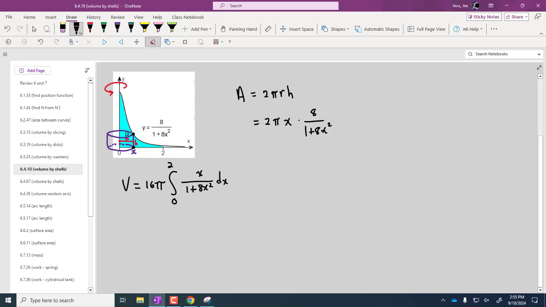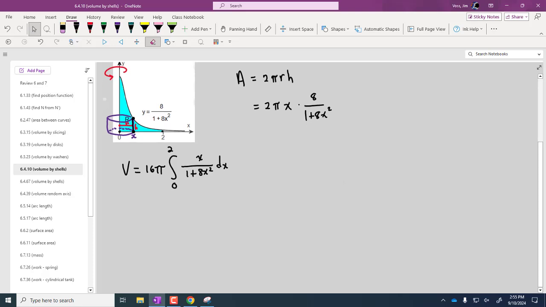Hopefully you see that from the picture. Since this element is vertical, we are going in the x direction from 0 all the way over to 2. So there's an element sliding across from x equals 0 to x equals 2. For each of those x values, we have cylinders that are being created.